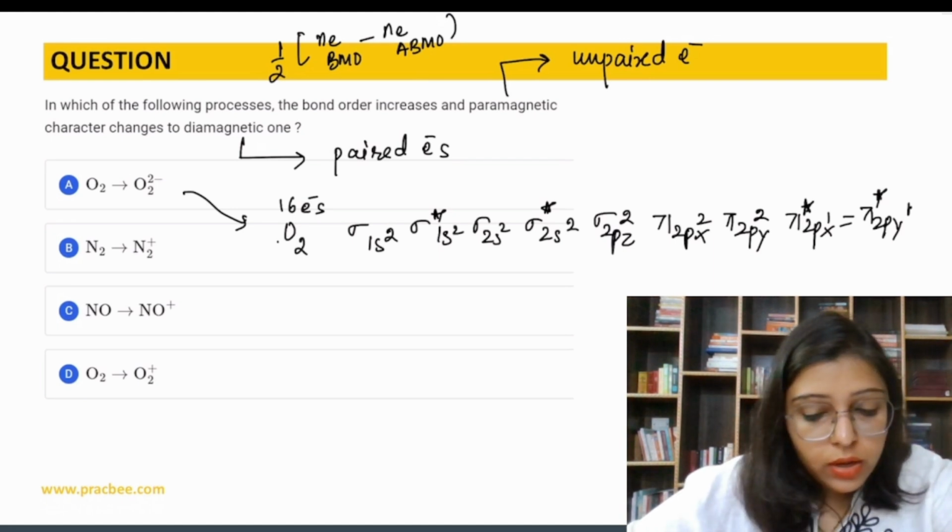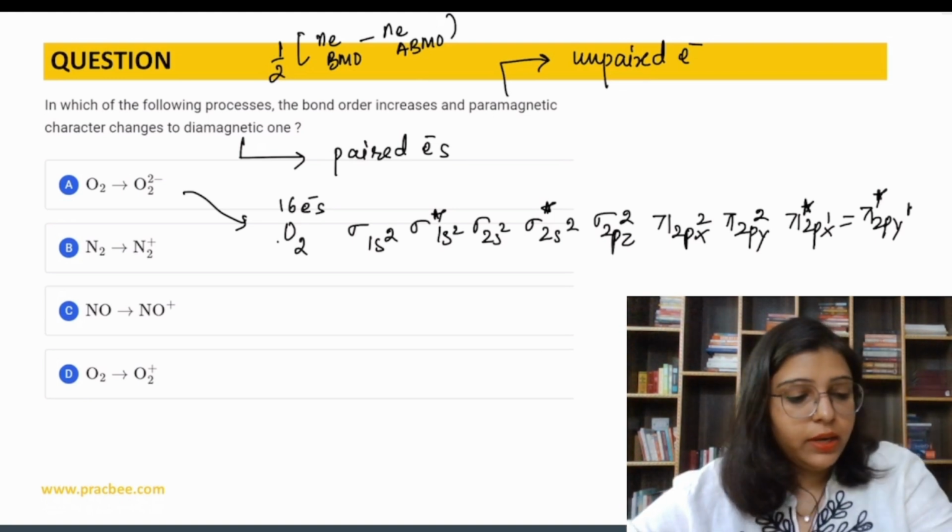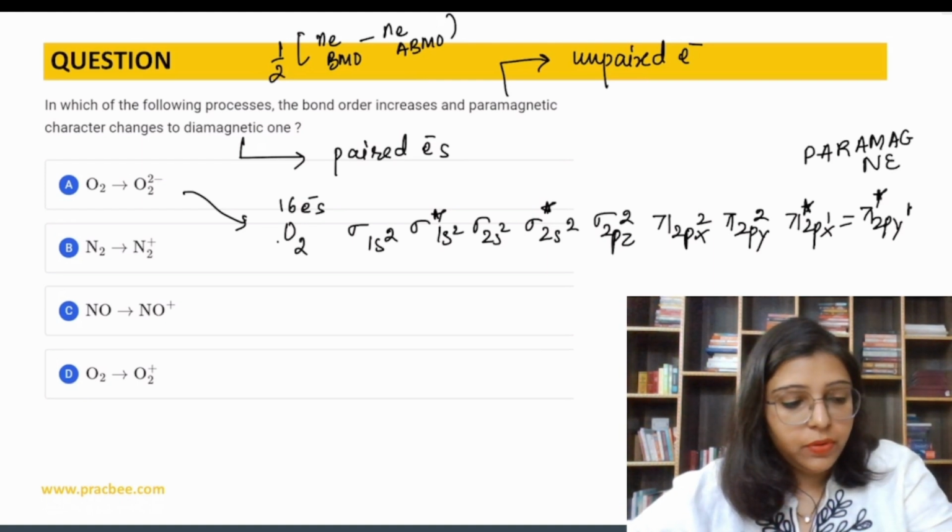Okay. So we have to find out the bond order, and whether the paramagnetic character changes to diamagnetic. So here it is paramagnetic. Perfect.